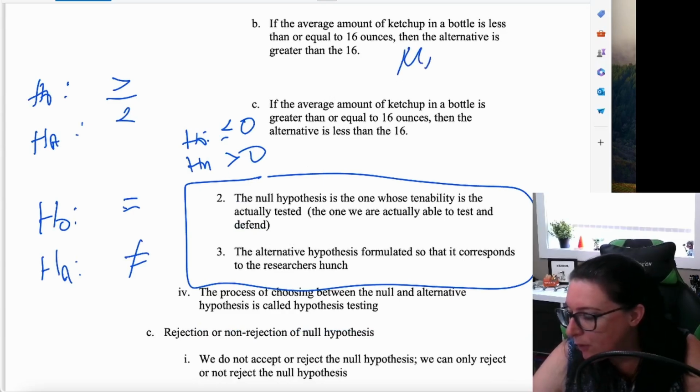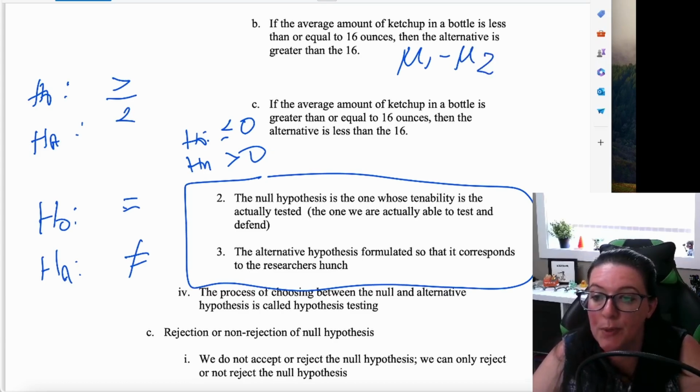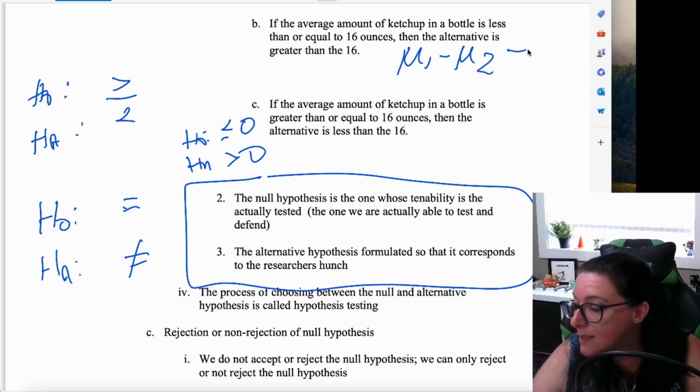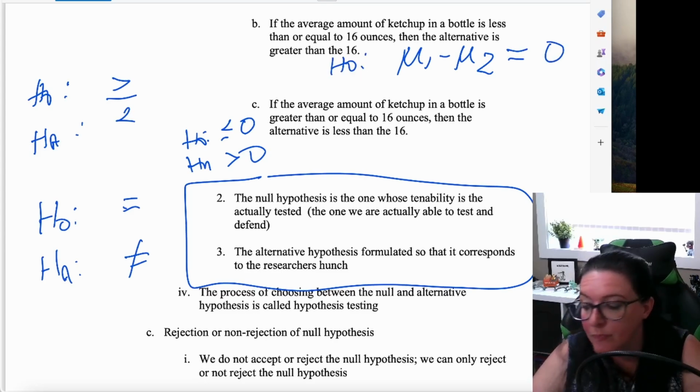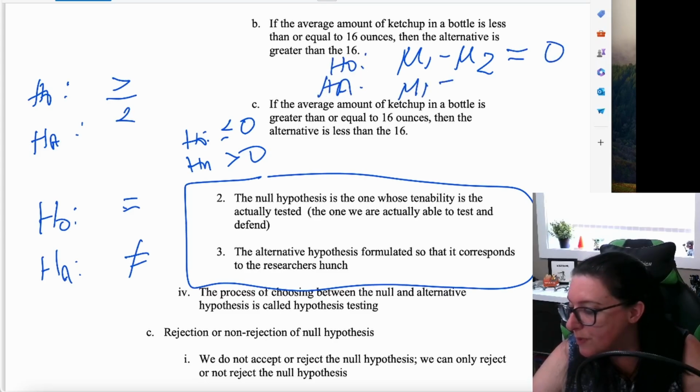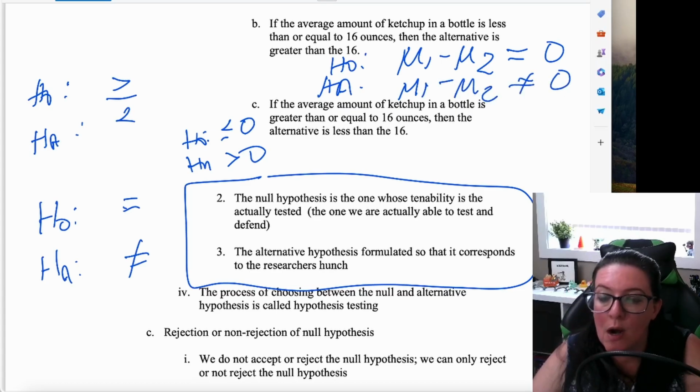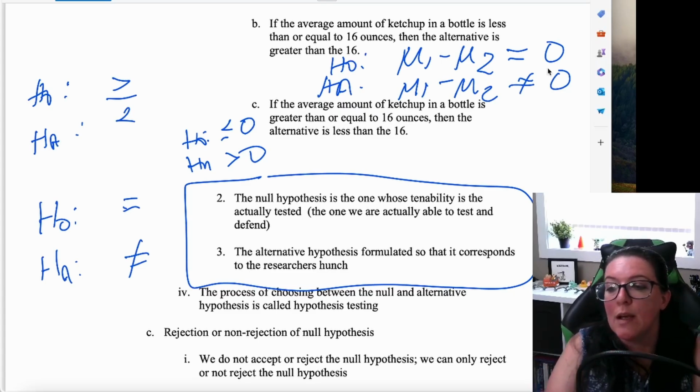So you could be looking at, for example, the difference between group 1 and group 2 in terms of their average and saying those two groups are the same versus those two groups are not the same. So your hypotheses can also include comparisons between different groups within the population.